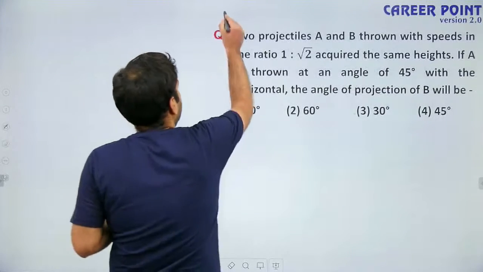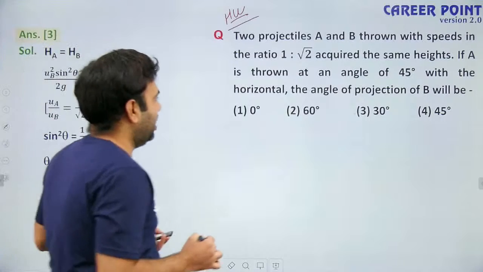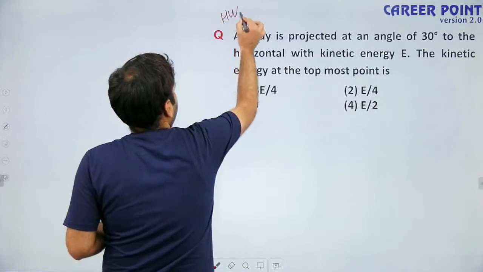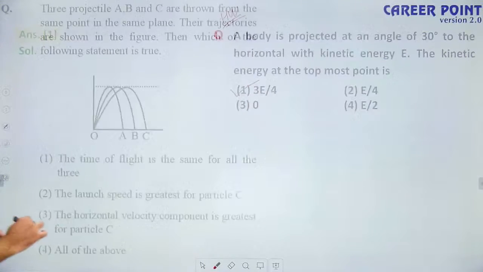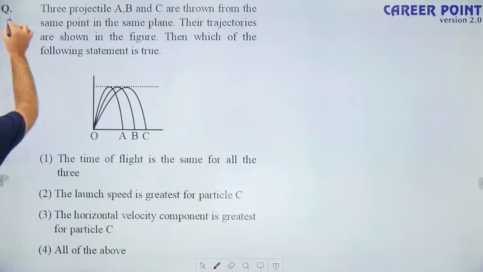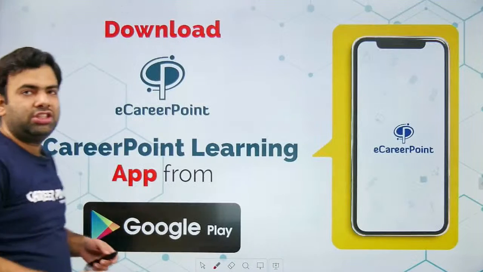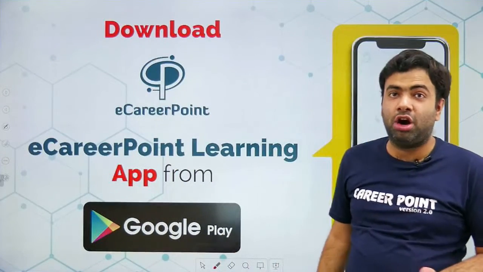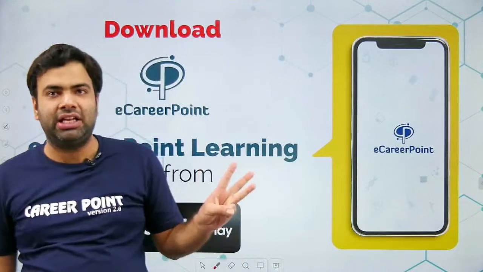So, this question is for you and this is a homework question. The answer is given along with the solution. This is again your homework question for practice. The answer is given. It is 1. Again, this question is your homework. Its answer is option 4. Okay. So, these questions are enough to understand the applications of these formulas: time of flight, range of projectile, and maximum height attained by it.